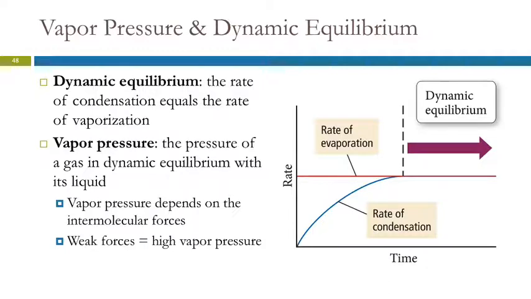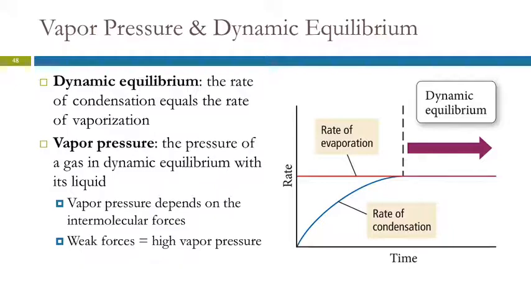So that evaporated substance in the gas state exerts a pressure, and we call that the vapor pressure. It's the pressure of that substance over its liquid. So the vapor pressure is going to depend on the strength of the intermolecular forces that were holding that substance together as a liquid.